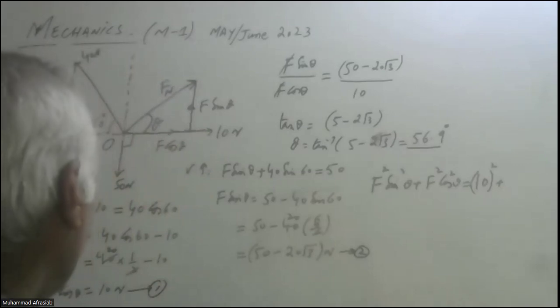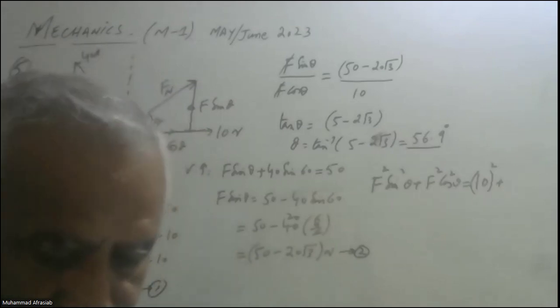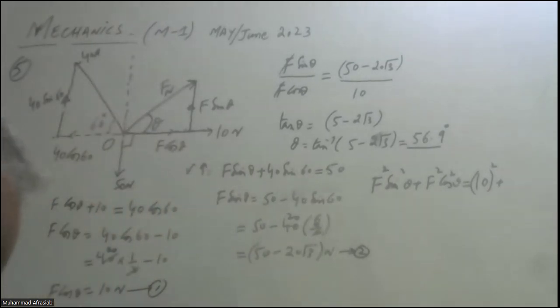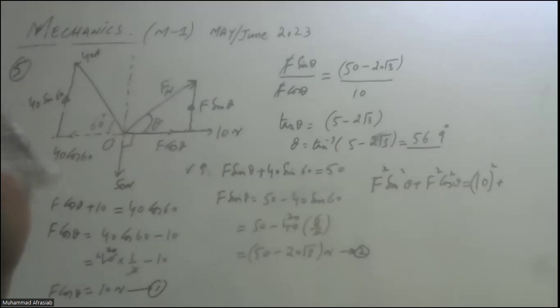F cos theta is basically equal to 10 and F sine theta is basically equal to 15.358.